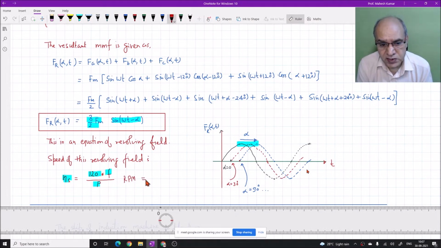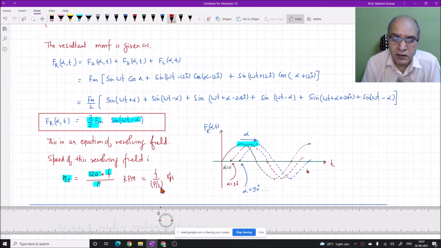The fundamental expression is F by P/2 in RPS. So the frequency of the supply divided by the pair of poles, where P is the total number of poles. If you divide by the pair of poles, that gives the mechanical speed. So electrical speed divided by pair of poles becomes the mechanical speed.